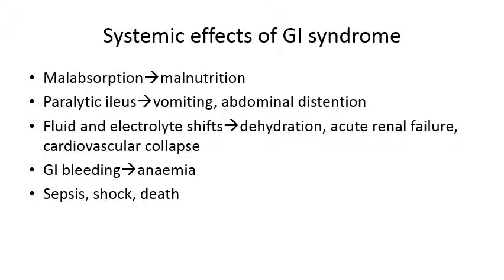Malabsorption leads to malnutrition, paralytic ileus causes vomiting and abdominal distension, fluid and electrolyte shifts result in dehydration, acute renal failure, and cardiovascular collapse. Gastrointestinal bleeding leads to anemia. Sepsis, septic shock, and eventually death ensue.